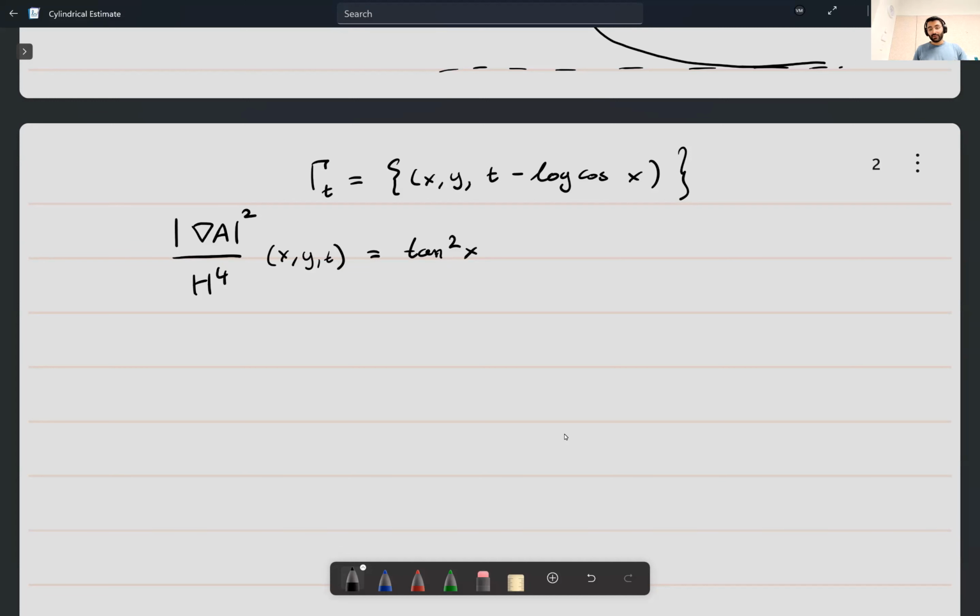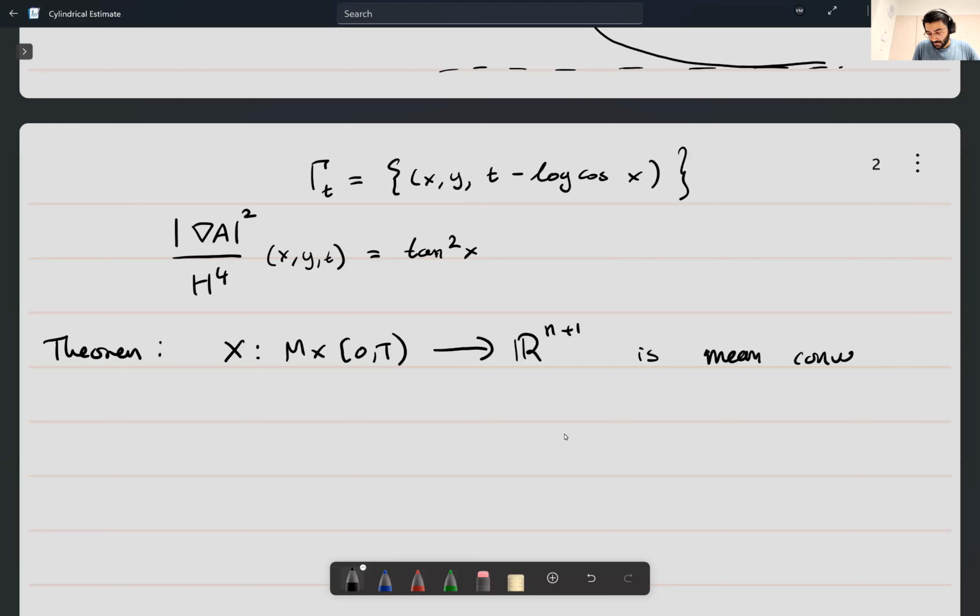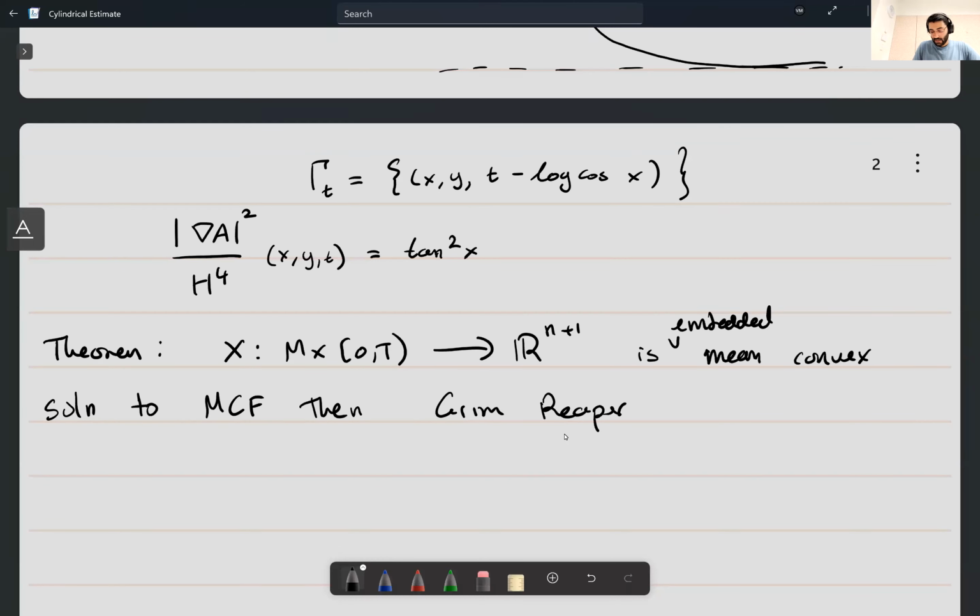it's been shown, so let me write down a theorem. If I have a mean convex mean curvature flow, let's say a solution x from M_0 times t, and this is true for R^(n+1), that is an embedded mean convex solution, then the Grim Reaper does not occur as a blow-up limit.